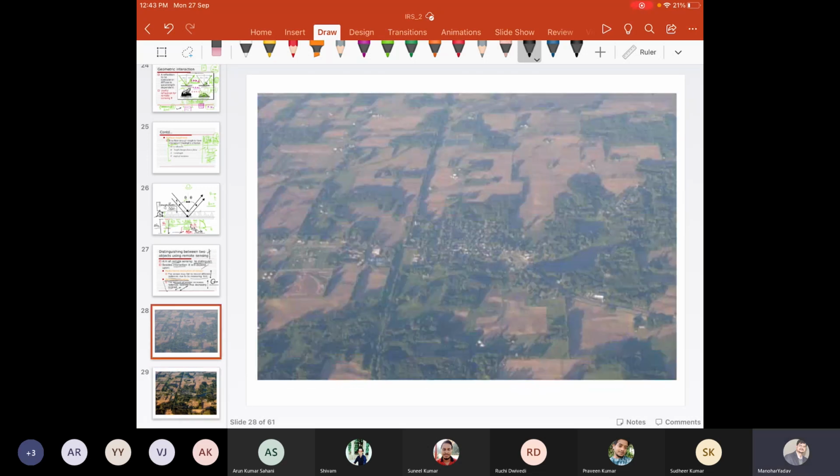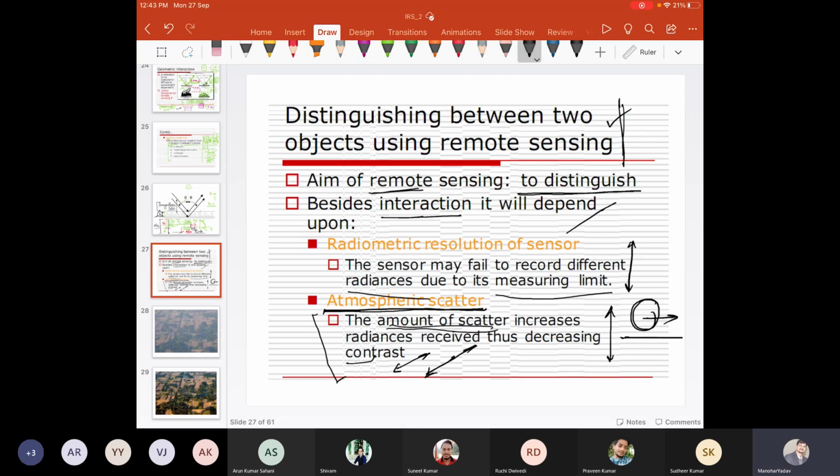Why is there a layer over the image? This is called the haze effect. So when we collect the images, the atmospheric scatter also plays a role in the quality of the image. With these two diagrams, I will discuss it.